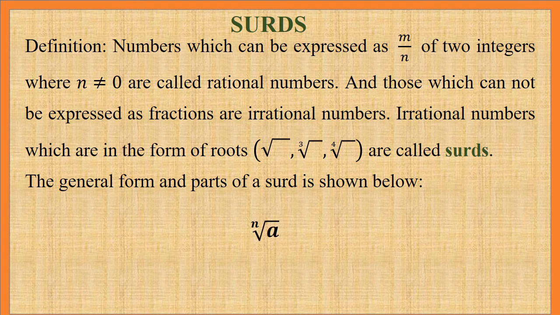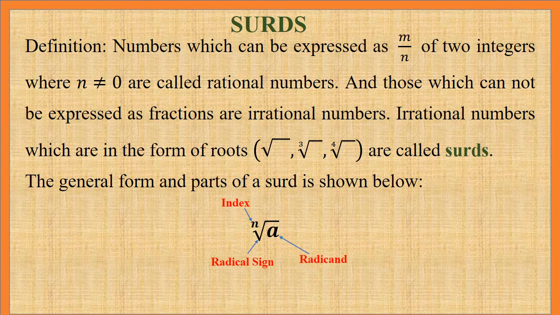And generally, the form of a surd can be the nth root of a, where n represents the index or the exponent or the power. The root symbol is our radical sign, and the term under the square root is the radicand.